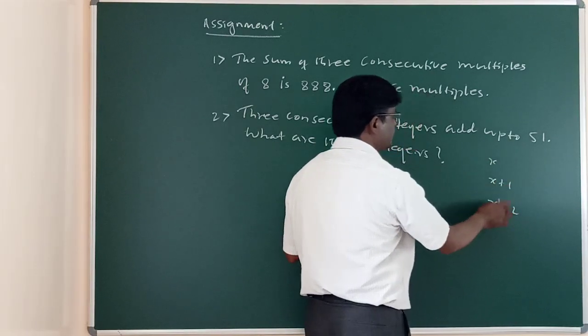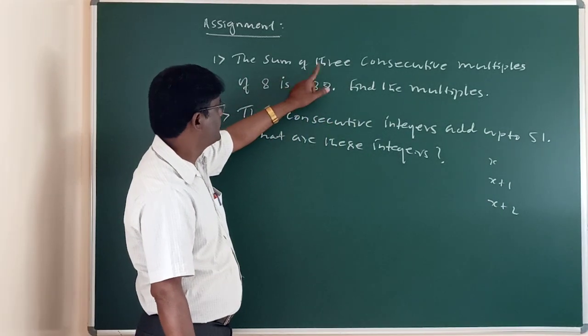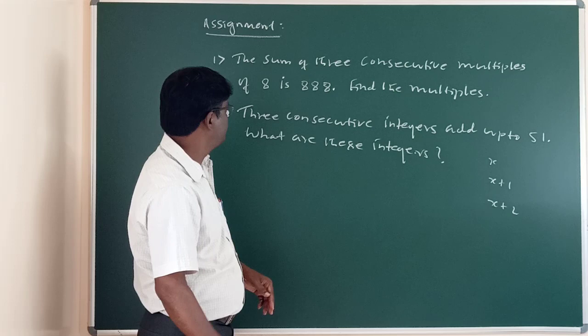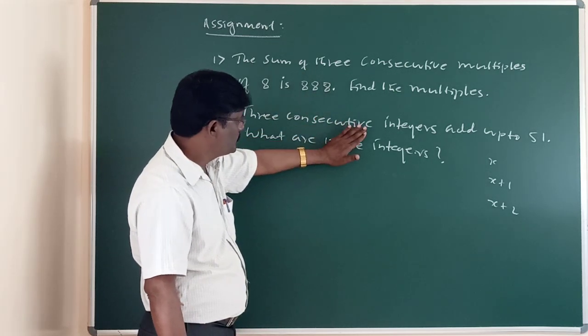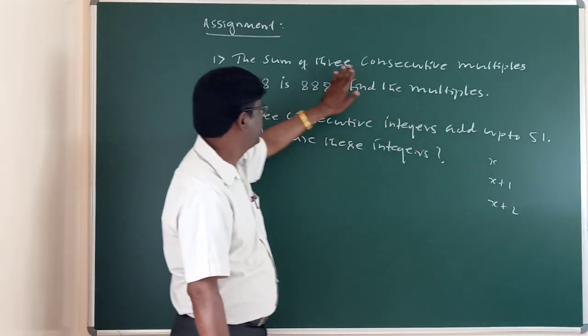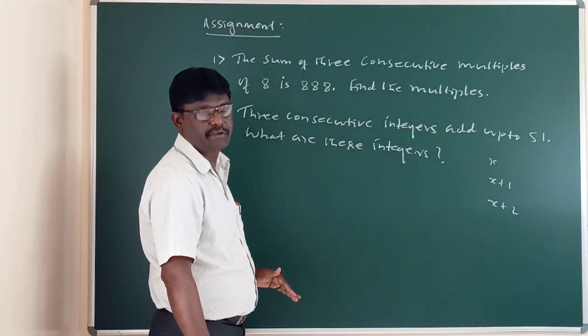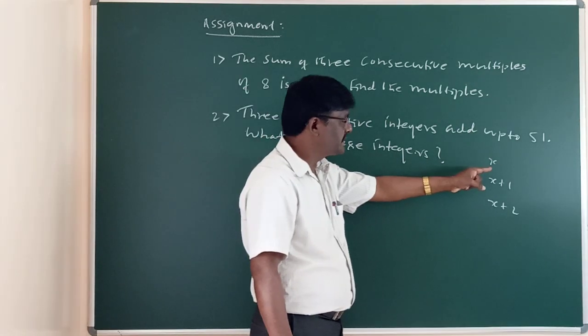Like this, 3 consecutive integers can be assumed. What about here? The sum of 3 consecutive multiples of 8. So just use this idea, same concept, but here these are multiples of 8. Okay, think and do it.